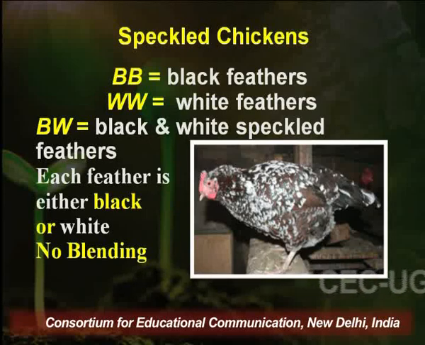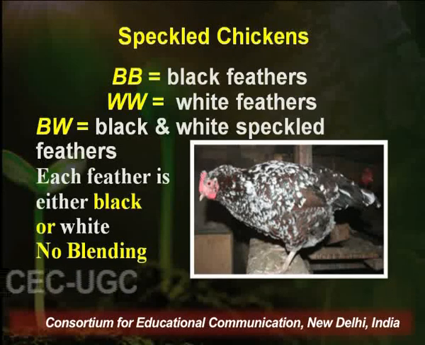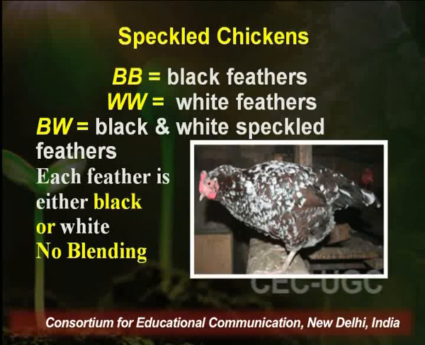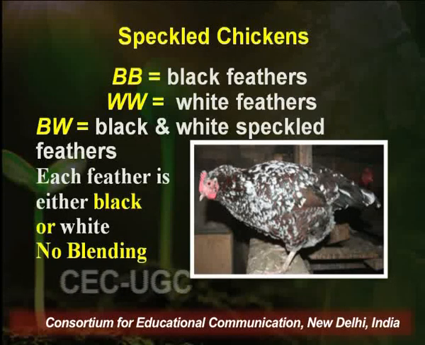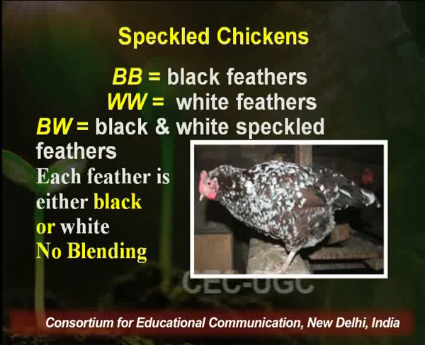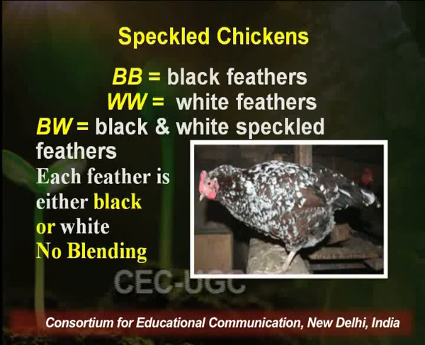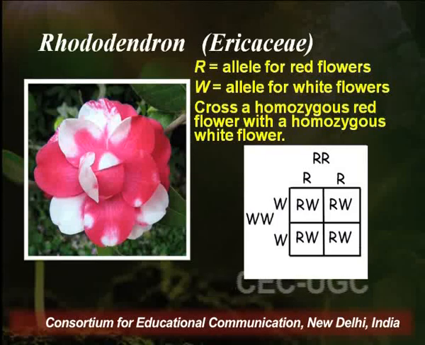We have black and white together, what is called speckled feathers, which are represented by the genotype capital B, capital W. One very important point to remember is that each feather would not be black and white. The feather would either be black or white. So, again we keep reiterating that there is absolutely no blending.